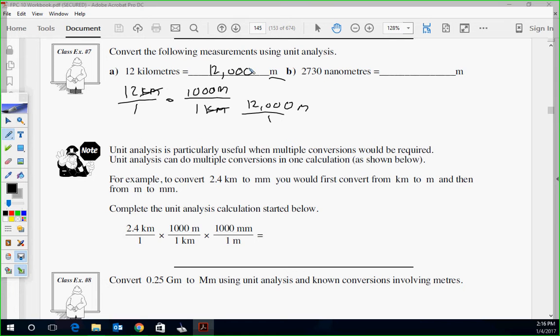Okay, so this guy, 2730 nanometers over 1. And then we want to go times meters over nanometers, so it's going to be 1 meter has, nanometers was a big one, so that's going to be 10 to the 9th nanometers, right?